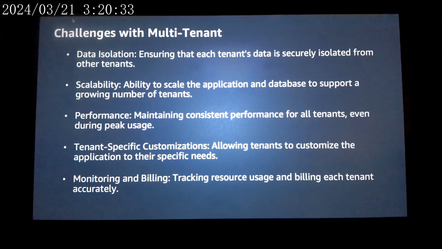You are continuously monitoring those tenants, and there comes a point where you need to vertically scale the compute or horizontally scale out the compute. So how are you going to look at it? That requires consistent performance for all the tenants, and more importantly, you need to consistently monitor all the tenants and see when you can scale up and scale out.